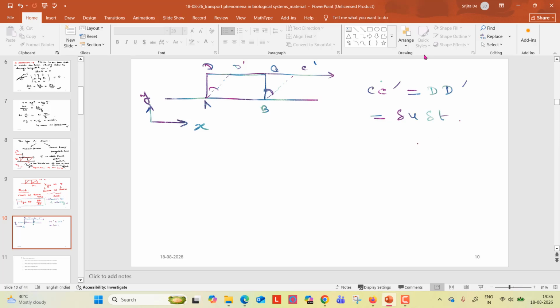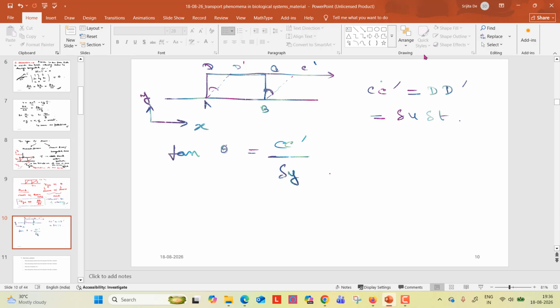How this is coming, I am telling. So this is the change in y I told, right? And this is the angle. So tan theta equals CC dash or DD dash, whatever it is, by its direction, this is y, or you can say delta y, right?